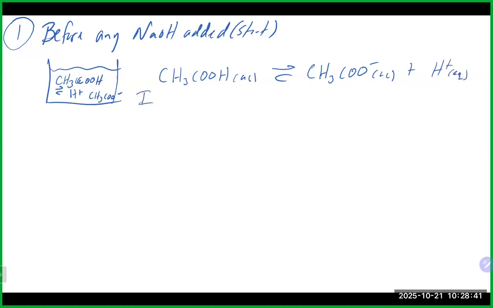Because we have not added any base or sodium hydroxide to our beaker yet, we can actually just use our initial molarity here. So we don't need to do the first table in moles because we haven't added any volume. This is just a typical Ka table with some zeros, some X's.